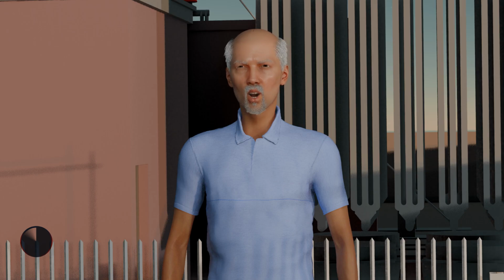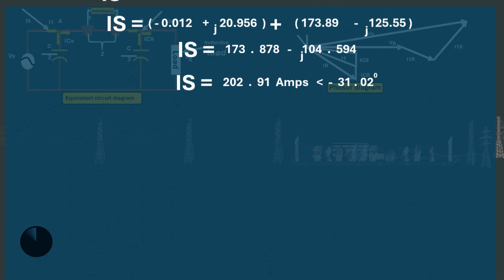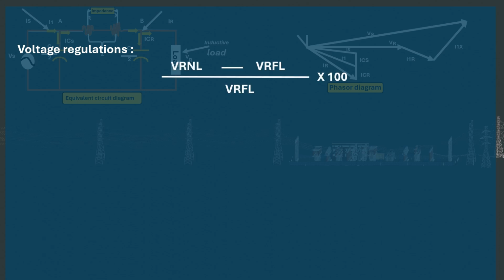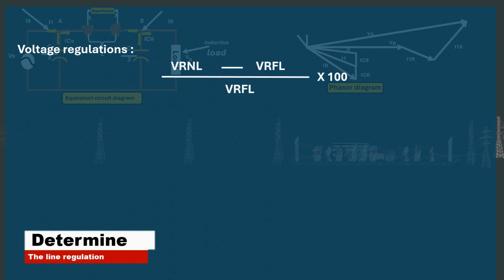Now that virtually all the values we need are gotten, we can calculate for the voltage regulation of the line and also the line efficiency. For the voltage regulation of the line, it is the receiving end voltage at no load minus the receiving end voltage at full load all over the receiving end voltage at full load times 100.